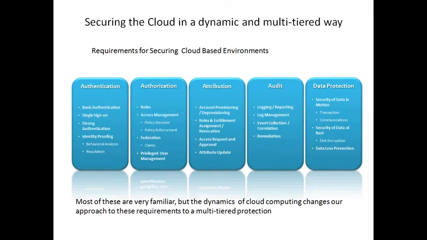These were the methods traditionally used. The problems we had in the traditional business model are the same; the problems have not changed. But the dynamics of cloud computing, by its very nature, changes our approach to these requirements to a multi-tiered protection.